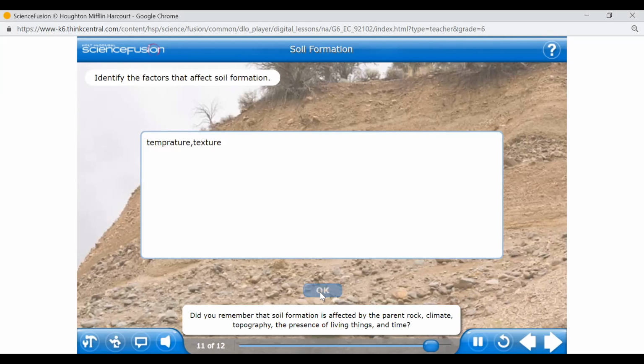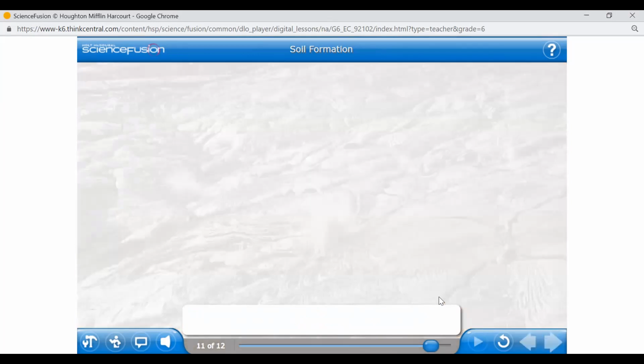Soil formation is affected by the parent rock, climate, topography, the presence of living things, and time. The main thing affecting it is the parent rock, the first rock, which is responsible.